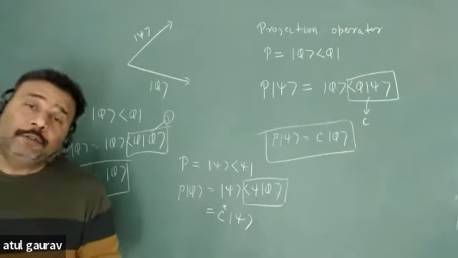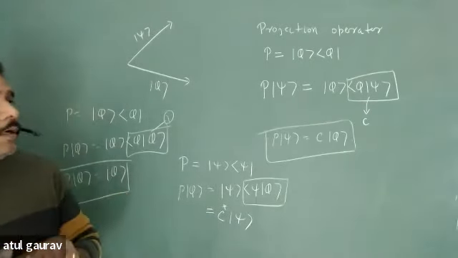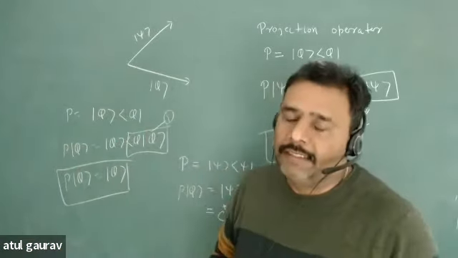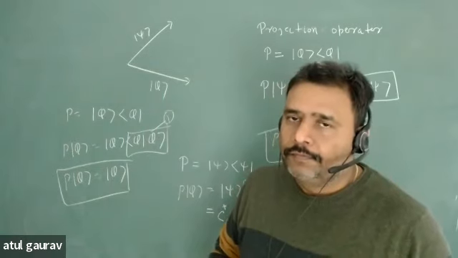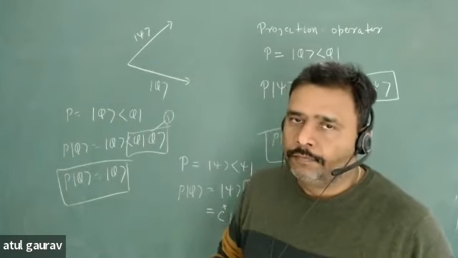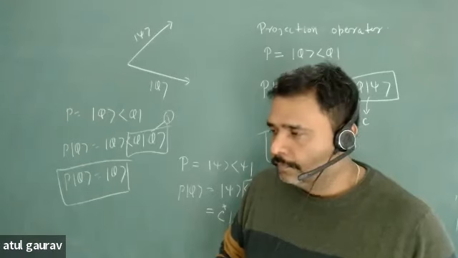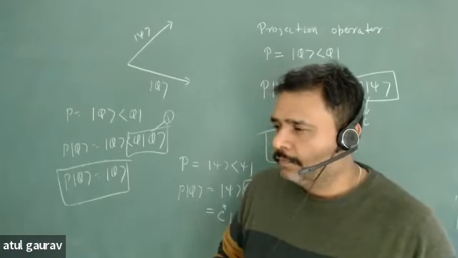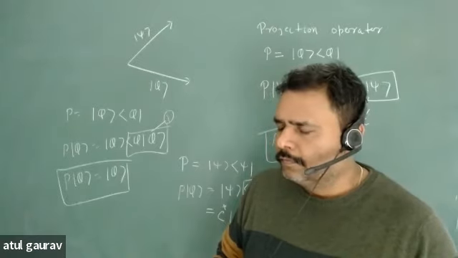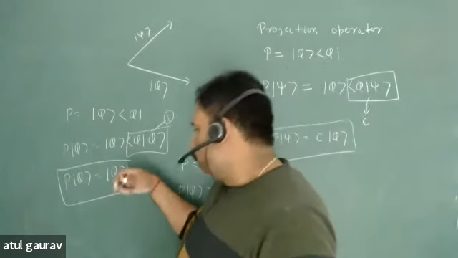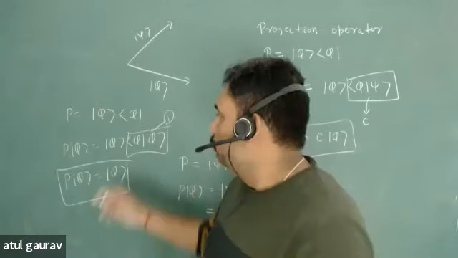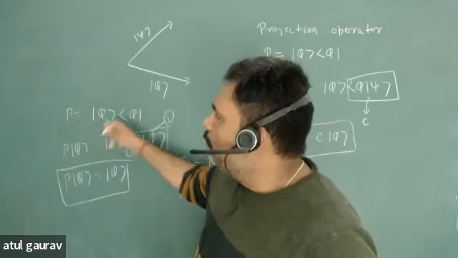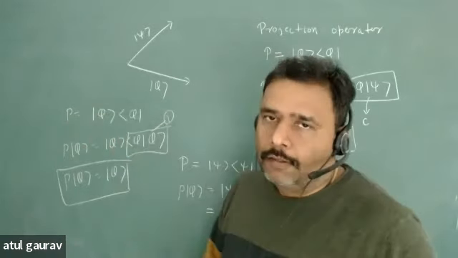The state you are using for the projector operator must be normalized in nature. We are making the projector operator with the phi vector, so we have to make sure whether it is normalized or not.